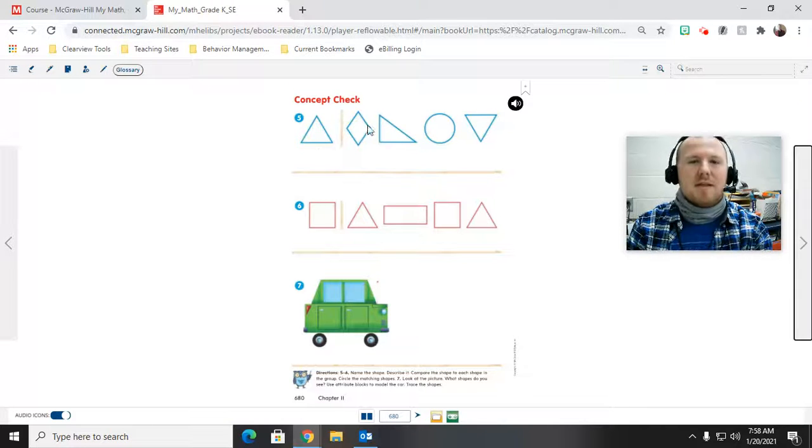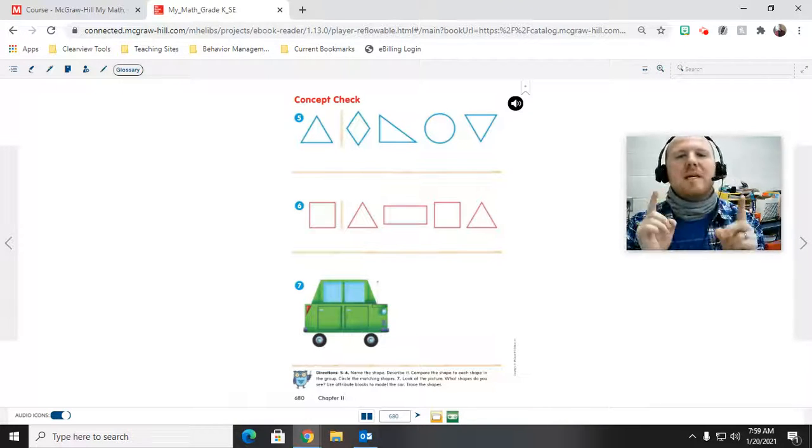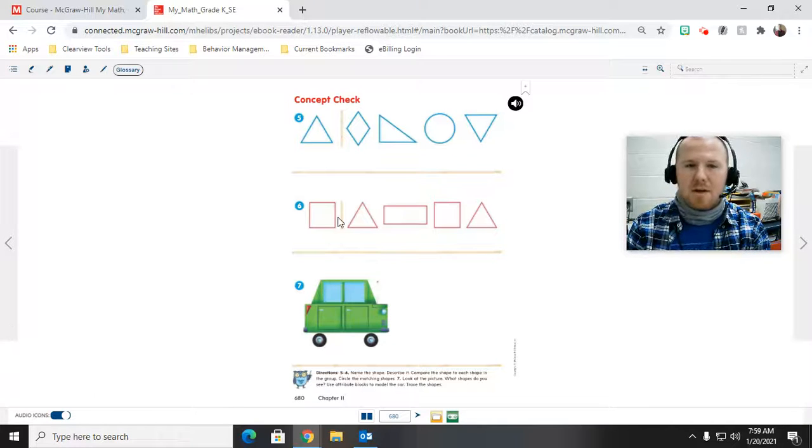So you check, does this one have the same amount of sides and vertices? Does this one? Oh, I guess we already know that one, does it? But does this one? What two shapes are like this? So don't be tricked. Same thing down here.